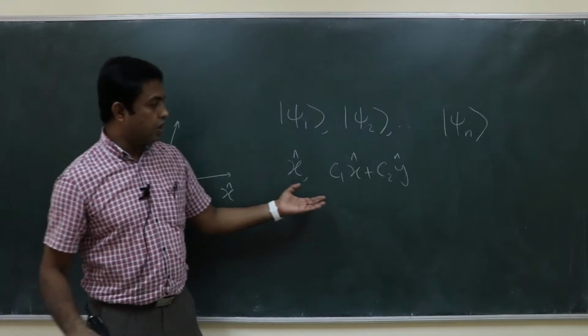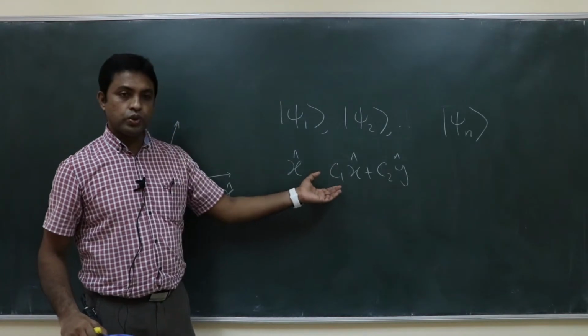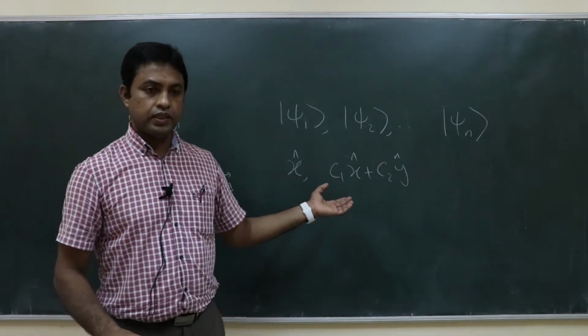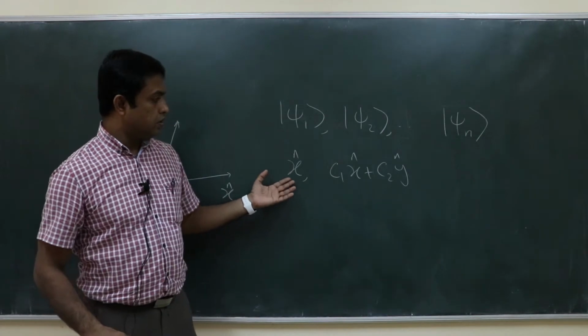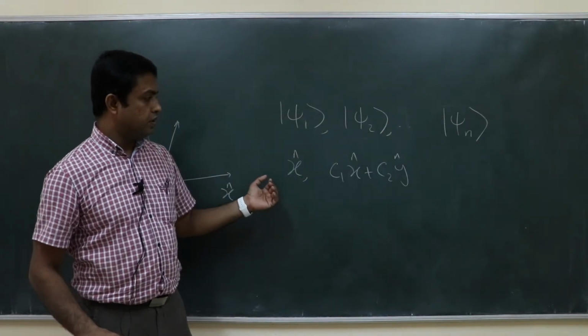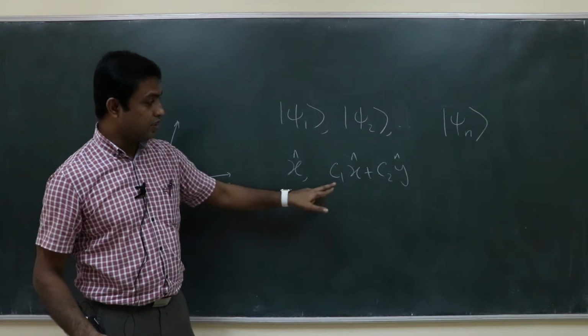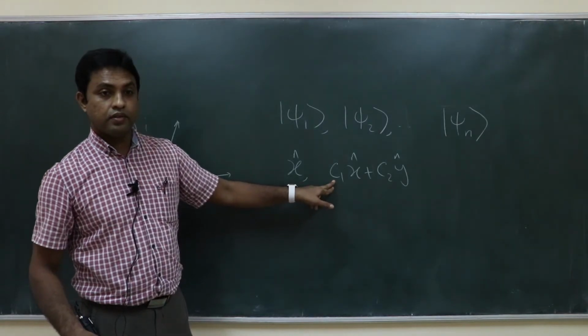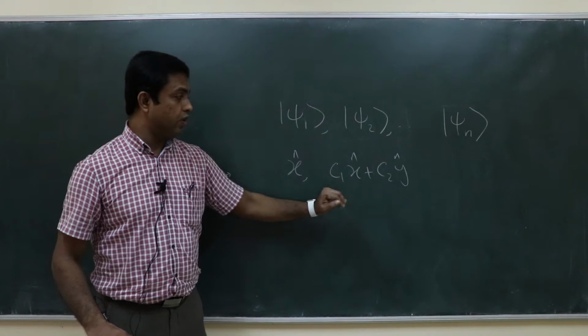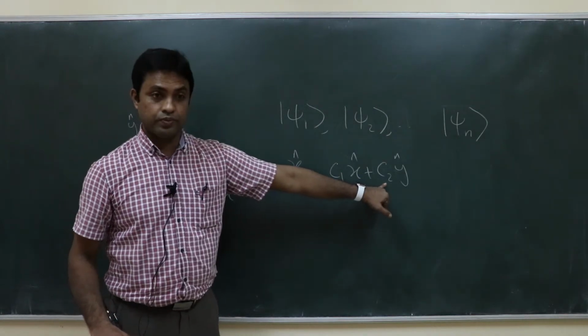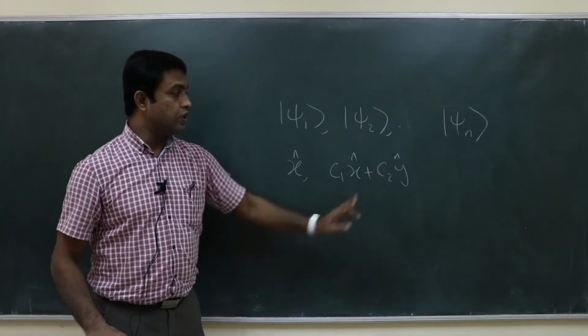So in a two-dimensional plane, these two form basis vectors, right? Because yes, they are linearly independent, provided c2 is not 0. c1 can be 0, no problem, but c2 is not 0.